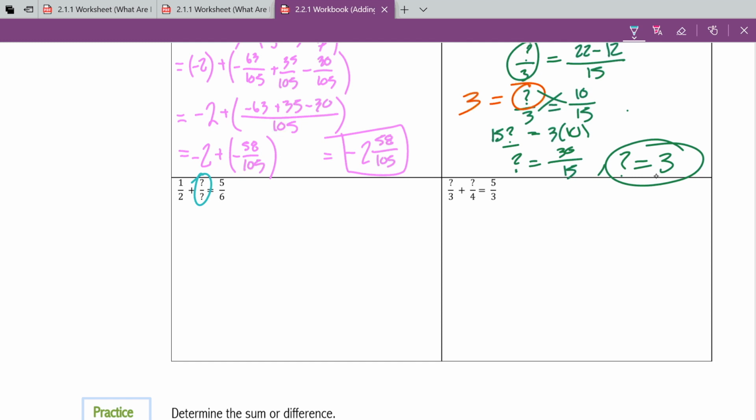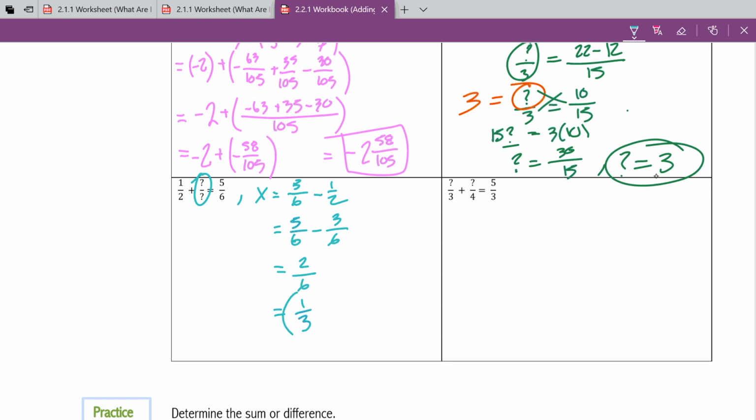So if 1/2 plus something equals 5/6, that means that something, and let's just call it x, must equal 5/6 minus 1/2. Well, if that's the case, then 5/6 minus 3/6 must also be true, because we're just bumping up the 1/2 into an equivalent fraction of 3/6. And then this must equal 2/6, right? 5 minus 3. And that can simplify to 1/3.